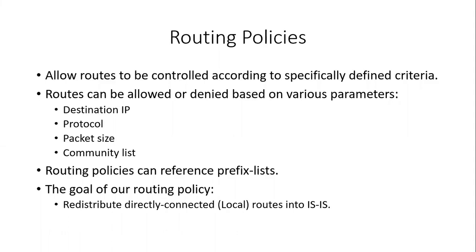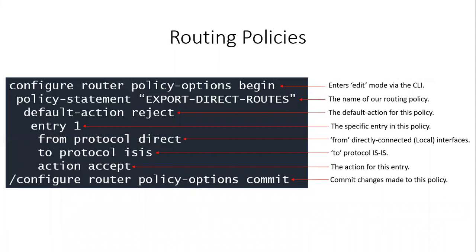So in our module today, the goal of our routing policy is just going to be to redistribute directly connected or local routes into our IGP, which is going to be intermediate system to intermediate system. So here's the command set that we're going to use to create our routing policy. Not much goes into it.